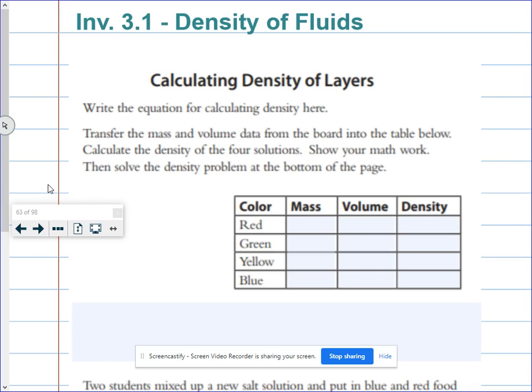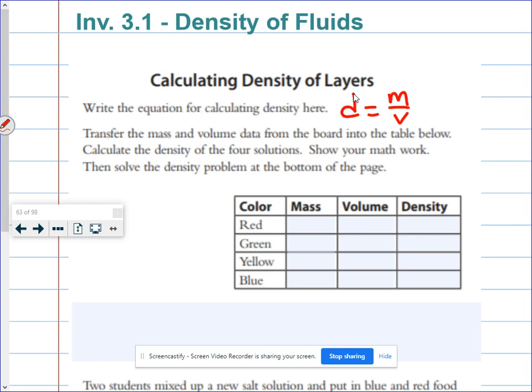So that is D equals M over V. Then it says transfer the mass and volume data from the board into the table below. And then we're going to calculate the density of the 4 solutions. Remember, the solutions are the different colors that we use.